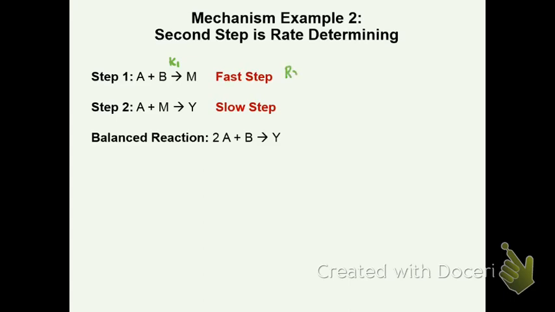So that means that the rate for step 1 is K1 concentration of A, concentration of B. And then rate 2 is K2 concentration of M times the concentration of A. So now because step 2 is the slow step, that's going to be the rate determining step.